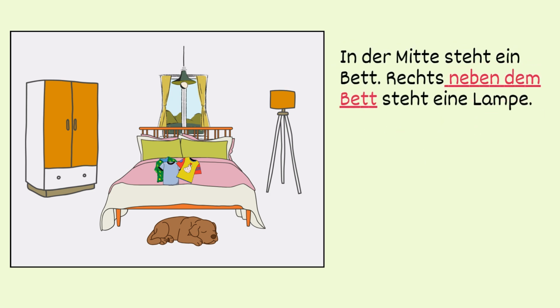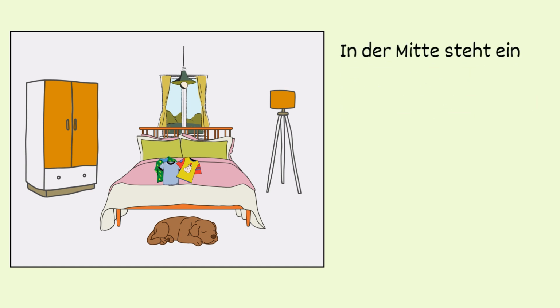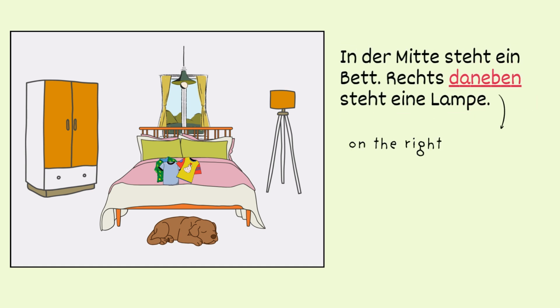Similarly, in der Mitte steht ein Bett. Rechts neben dem Bett steht eine Lampe. How would you rewrite this otherwise? In der Mitte steht ein Bett. Rechts daneben steht eine Lampe.